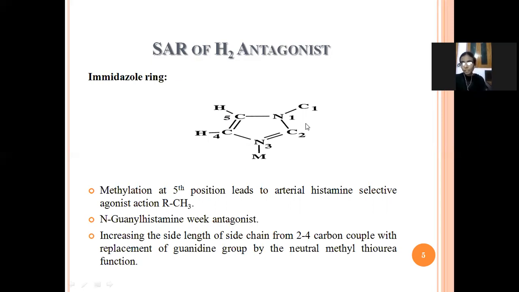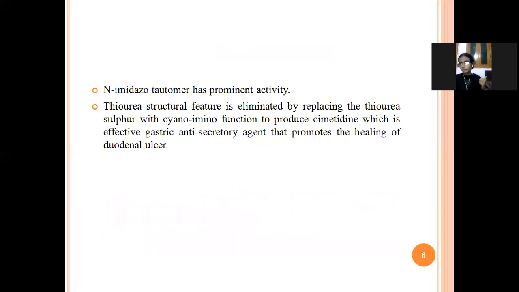In the second and fourth positions, if the carbon chain length increases, it also increases the activity of the drug. Also, the imidazole tautomer has the prominent activity.